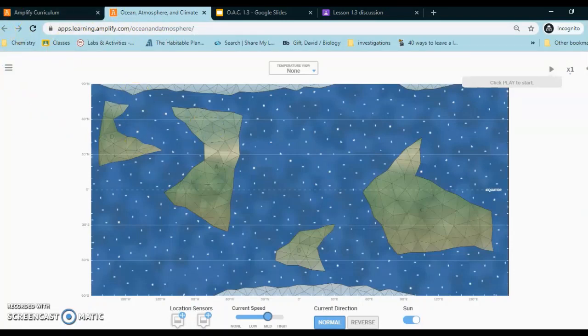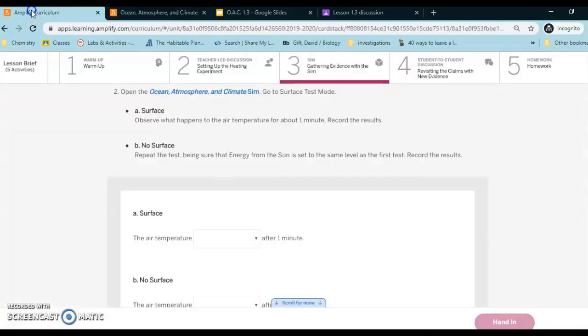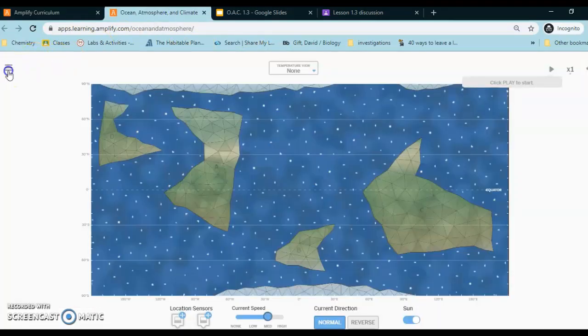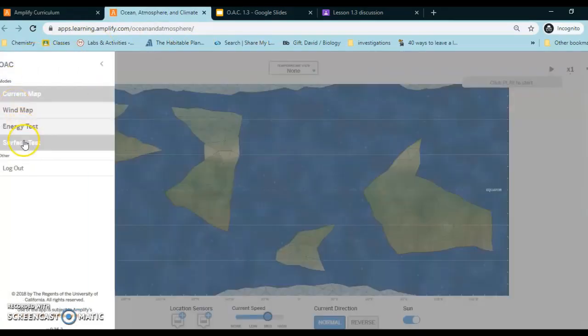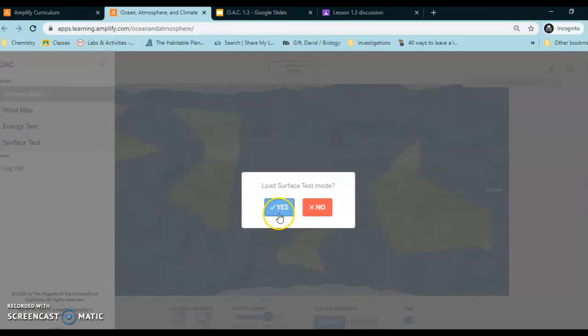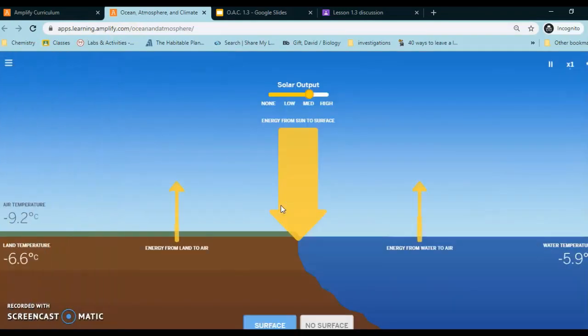Put on that page. So it tells me to change it to surface test mode. So I'm going to hit these 3 lines, and I'm going to change it to surface test. And I'm going to hit yes. For both of these experiments where I'm running it, notice how I'm going to keep my temperature at medium.